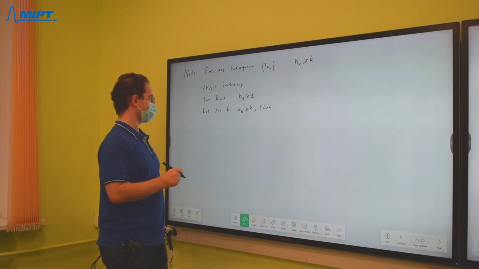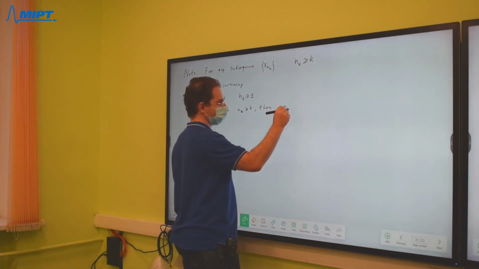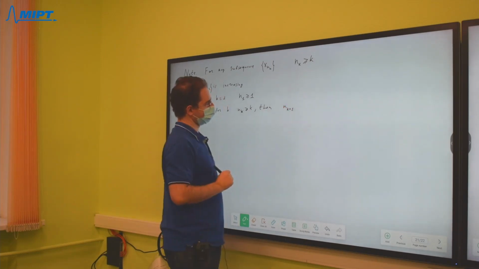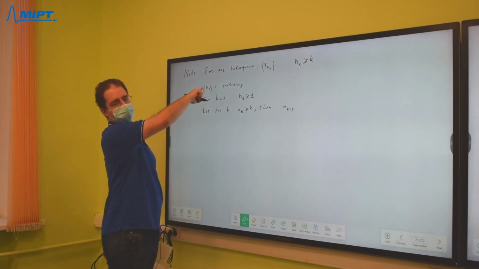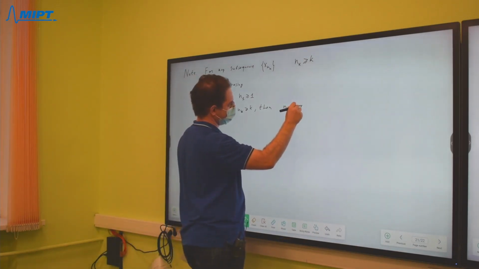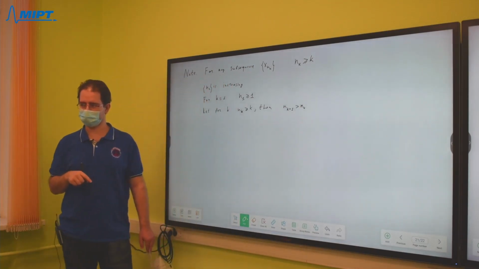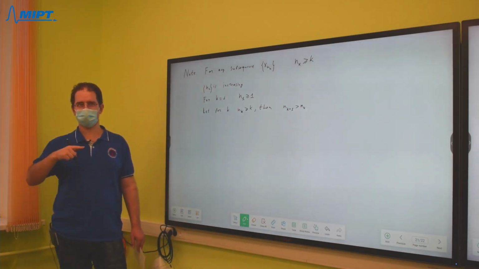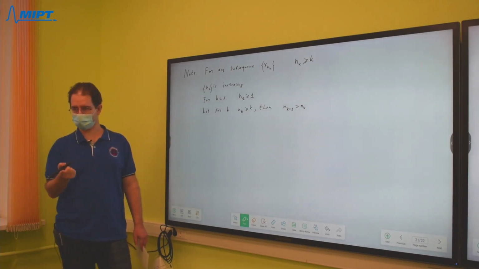Then n_{k+1}, being strictly greater than n_k, and also a natural number, should be greater or equal than n_k plus 1.